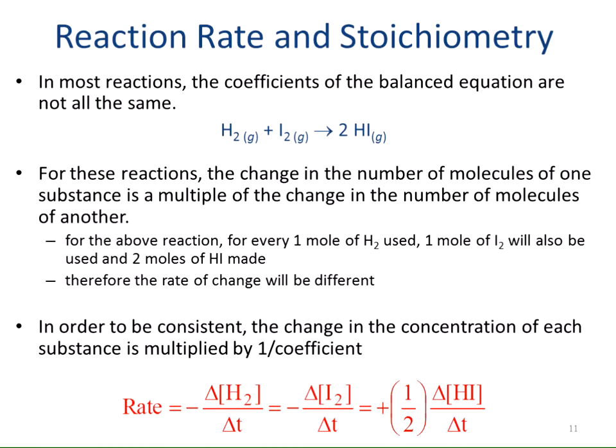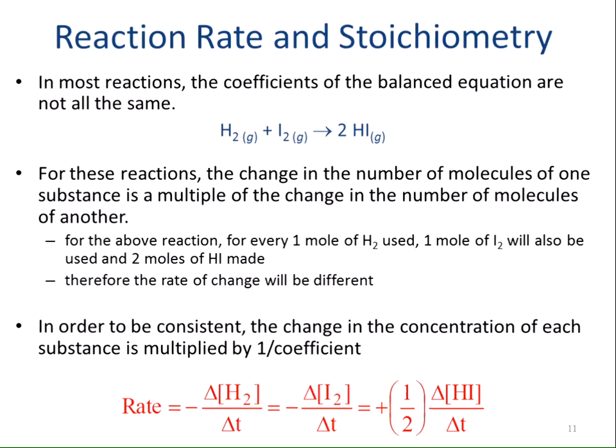And because there's a 2 out in front of the HI, the change in the HI concentration over the change in time is multiplied by 1 over 2. And we don't have to multiply by negative because this is a product, so it's just 1/2 times the change in HI over the change in time.